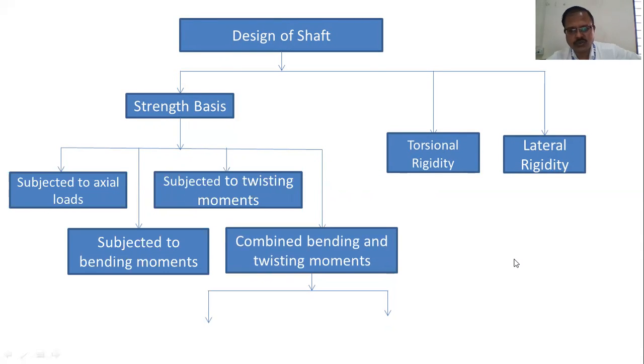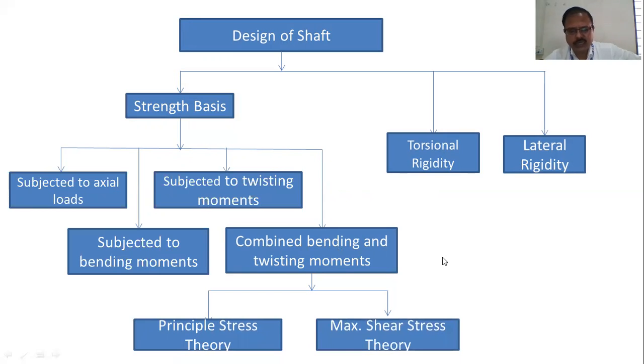Shafts can be subjected to combined bending and twisting. This second and third criteria can be combined. So when combined loads are coming on the shaft, we have to talk about the different theories of failure. And generally, two theories of failure are used for design of shaft. One is principal stress theory and one is maximum shear stress theory.